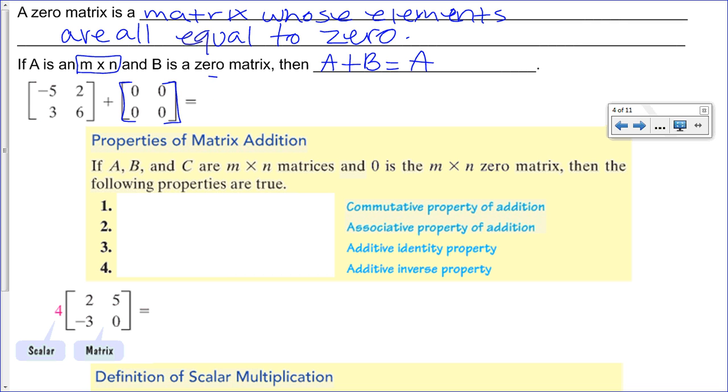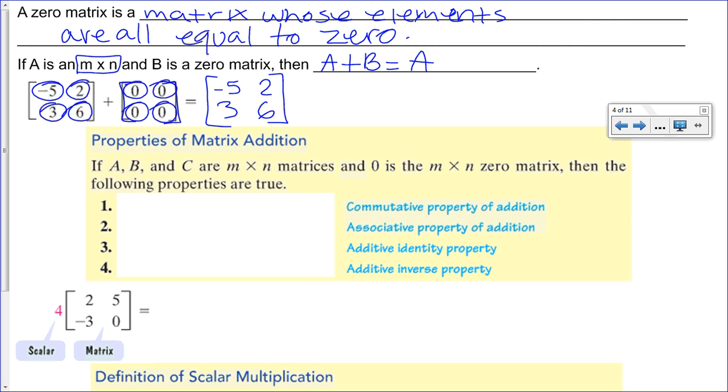So let's see if it's true. If we add -5 plus 0, of course, is -5. 2 plus 0 is still 2. 3 plus 0 is still 3. And 6 plus 0 is 6.